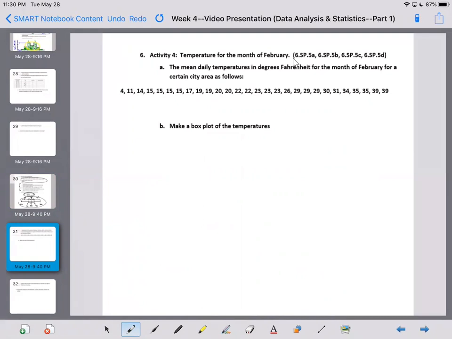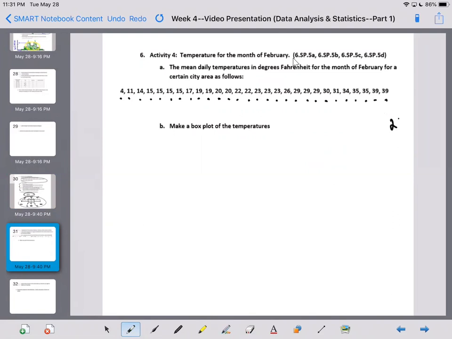What I need to know is how many values I have. So I have 28 values.